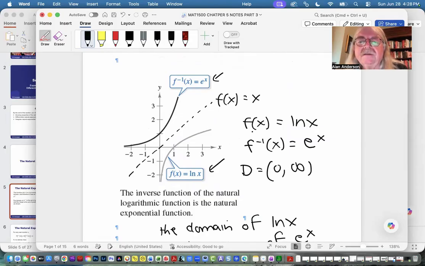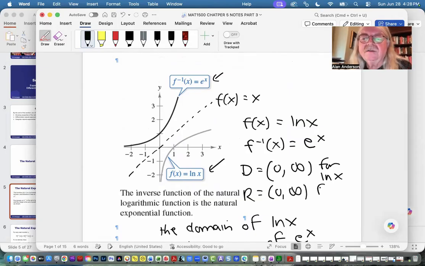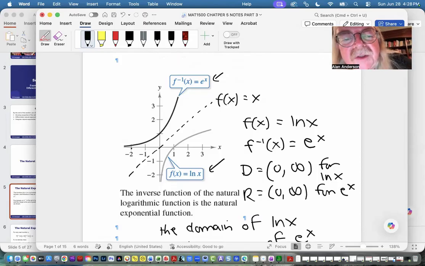And let me make a note here so it's clear which one I'm talking about. Therefore, the range for e to the x is the same thing. And you can see by looking at this graph that the horizontal axis is clearly an asymptote to this function. It never quite reaches the horizontal axis, as over here, the log x never quite reaches the vertical axis.